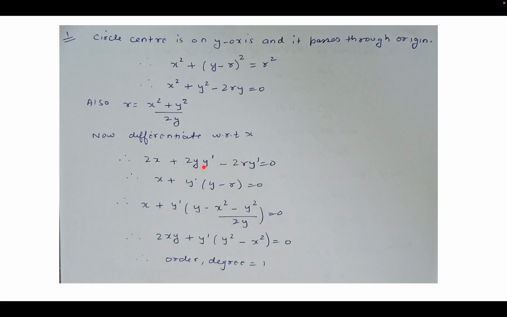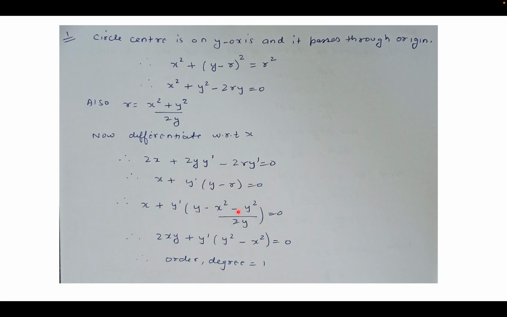Now you can take the 2 common out of this equation, and you are left with x plus y dash times (y minus r) is equal to 0, where I have taken y dash common out of this equation.